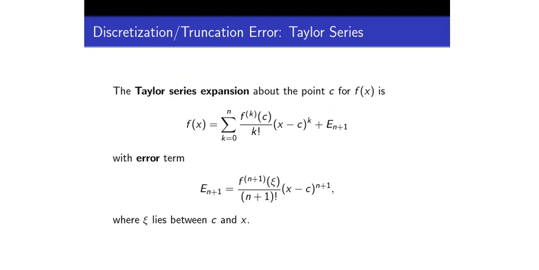So the Taylor series expansion about the point c for f of x is given by the following.